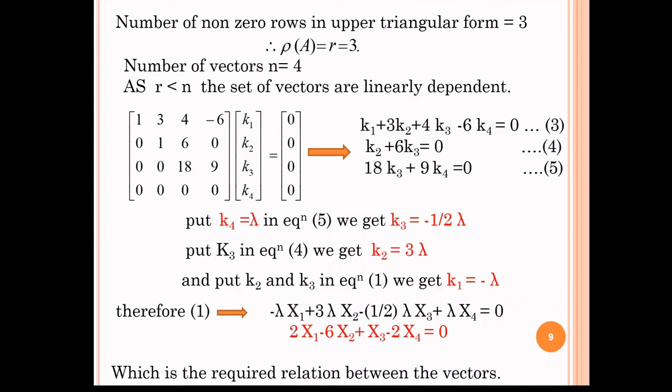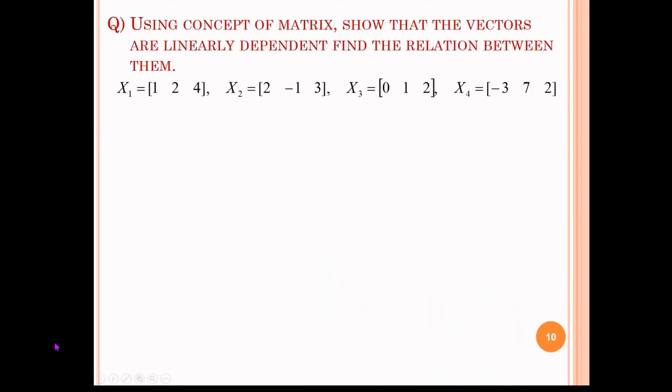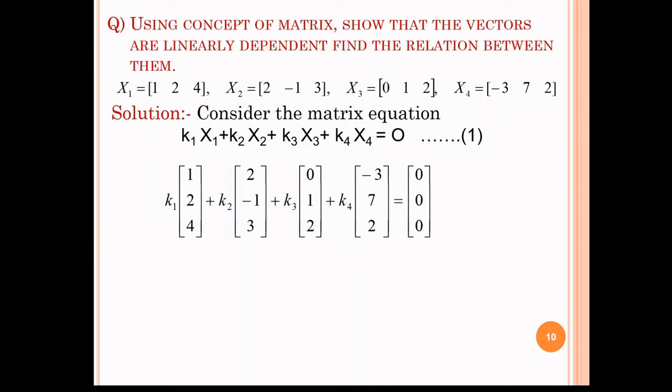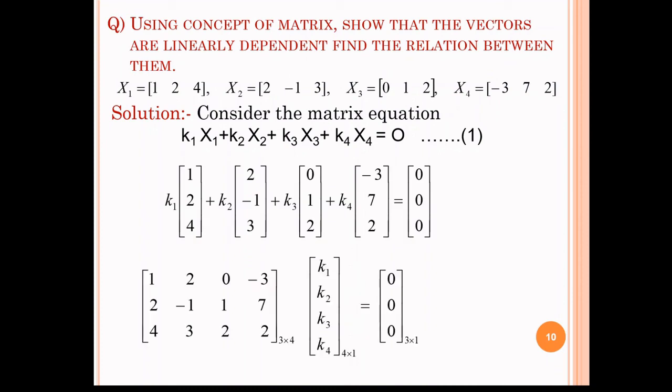Let's go for another example where we have vectors as x1, x2, x3, x4 all containing 3 elements. Again we start with the relation k1 x1 plus k2 x2 plus k3 x3 plus k4 x4 equal to 0, arranging the vectors in column form and rearranging it in the form of Ak equal to 0.